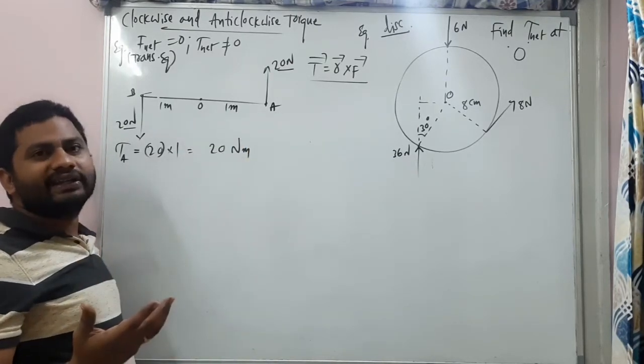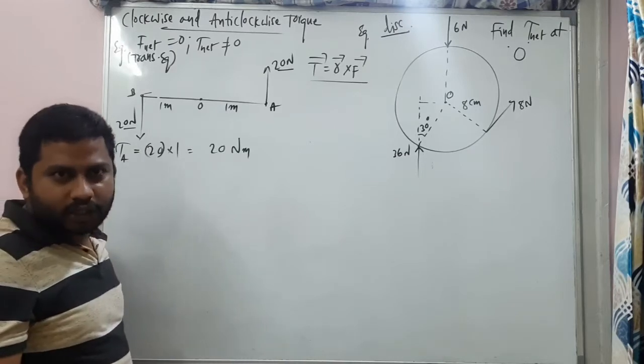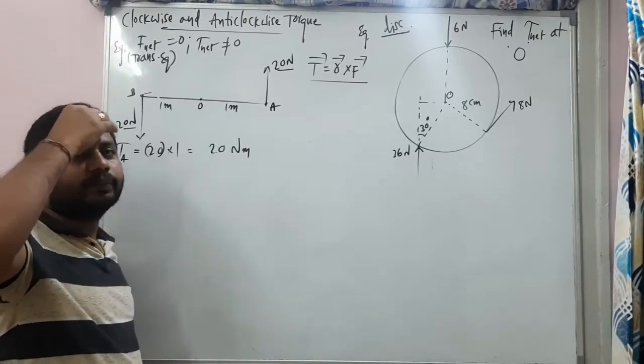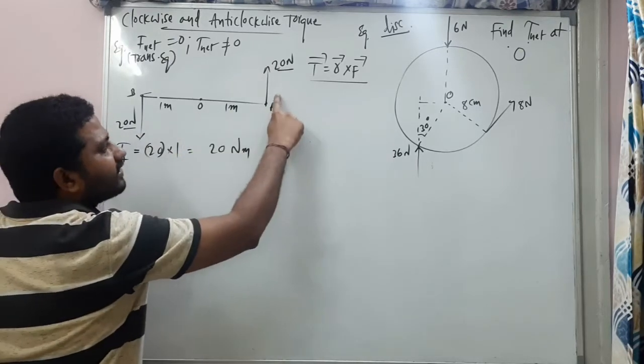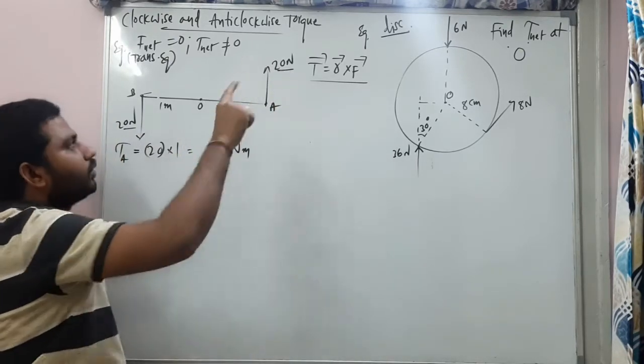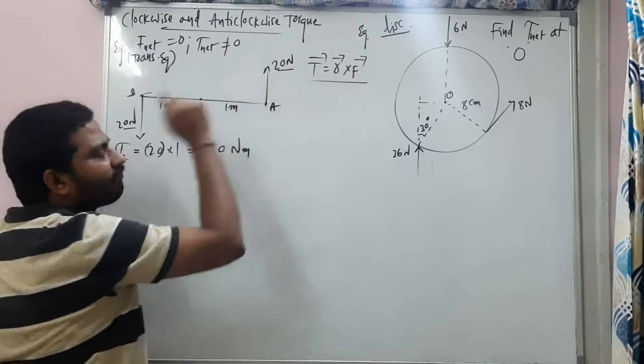How do we find the direction of the cross product? By using the right hand thumb rule. So this is R bar and this is F bar.